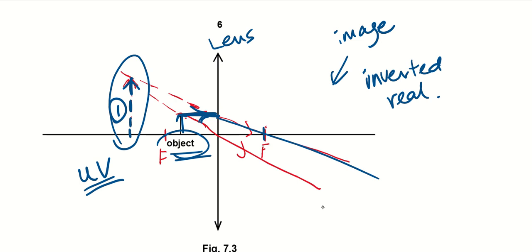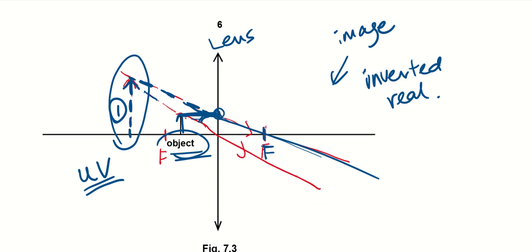After that you will also have one parallel to the principal axis, and then it will cut F. So this is the part where it will cut, but how do I know it cuts there? That means your dotted line over here must be at this point, right?